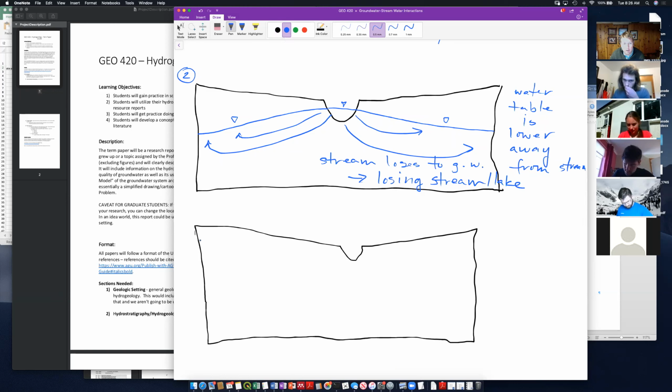I can have my water table beneath the level of my stream. All right, so my stream is losing, but I have an unsaturated zone between the stream and the water table.